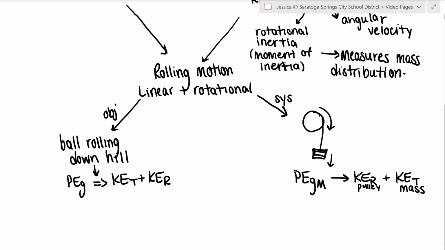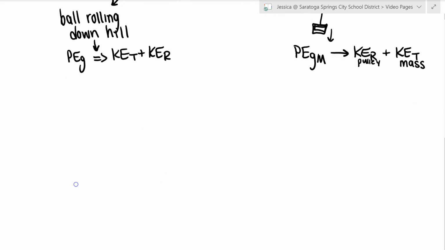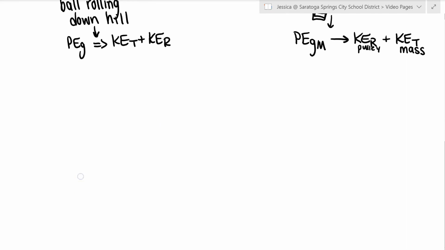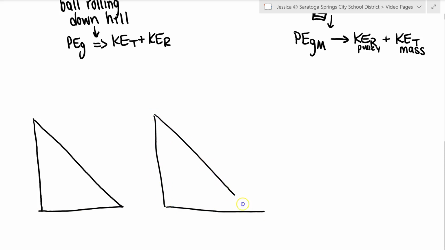Now, on the AP exam, they do this very conceptual treatment of rotational kinetic energy. The likelihood of you having to do math with this is very slim, especially with the new AP exam. So the one thing that I really want to focus in on is this ball rolling downhill. Let's say we have 3 different hills and they are all the same height, but I can't draw, so they look different.